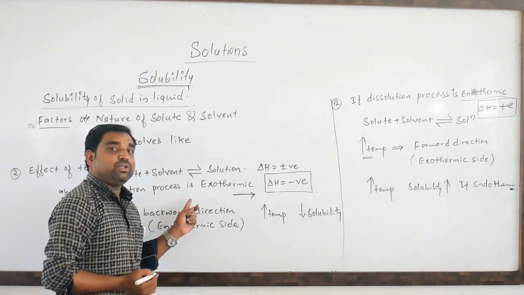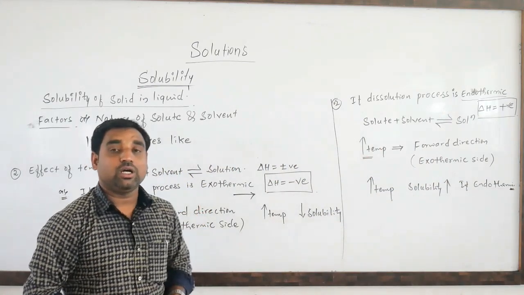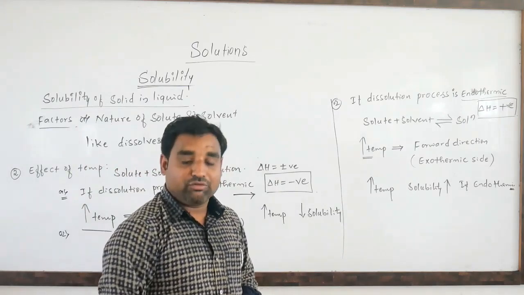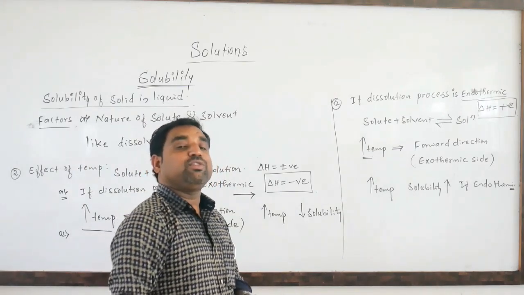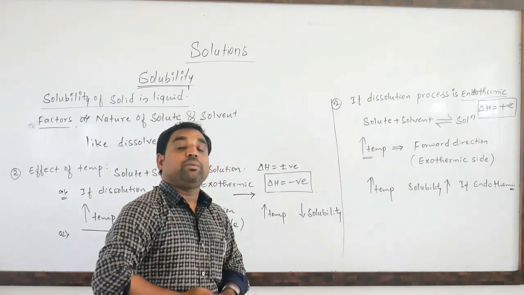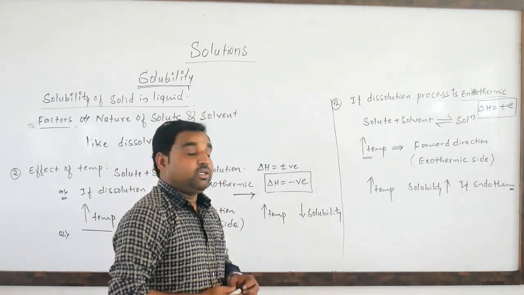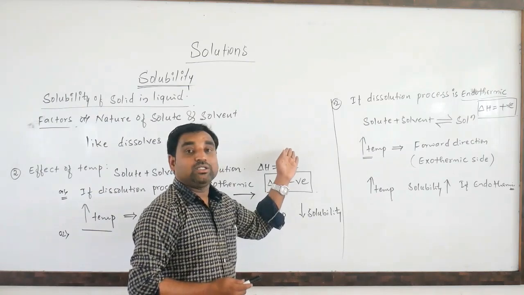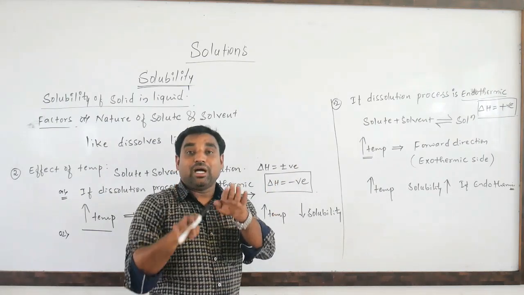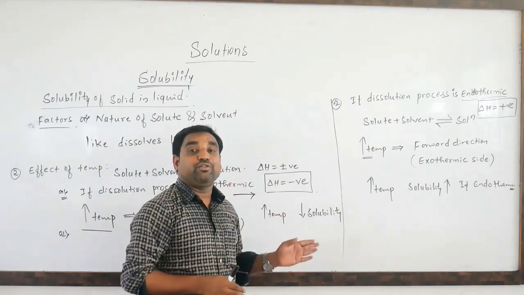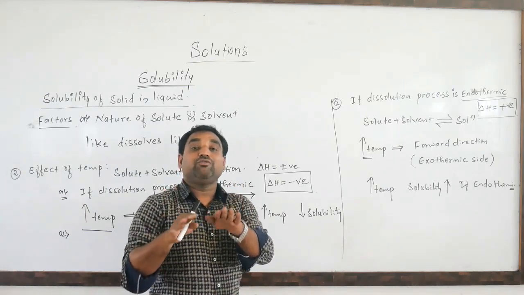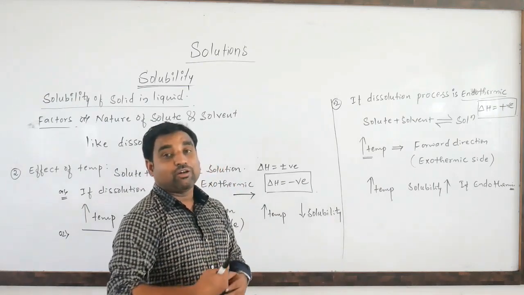Last year we were discussing the Le Chatelier principle in the equilibrium chapter. So what is the meaning of the Le Chatelier principle? If we change the pressure or temperature of a dynamic equilibrium reaction, the equilibrium will be altered. To nullify the effect of the change, again the reaction will move towards the backward or forward direction.